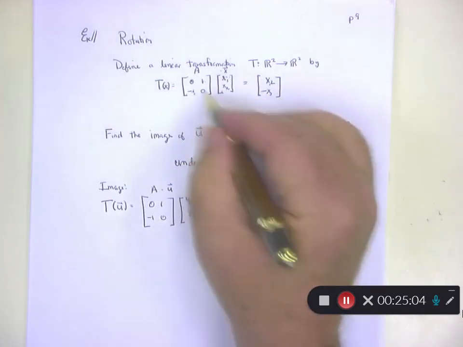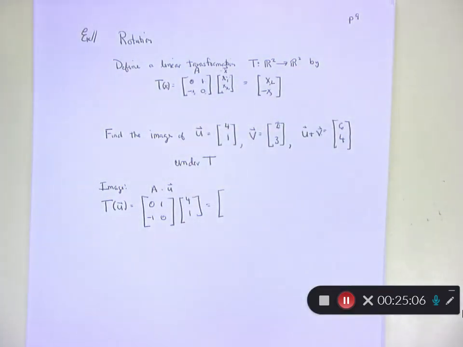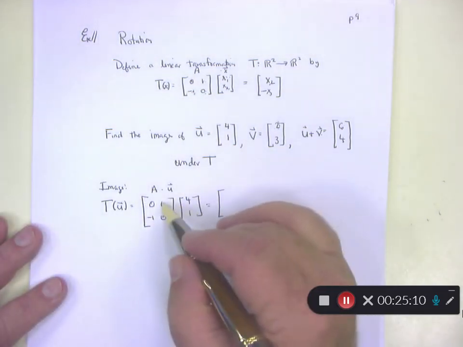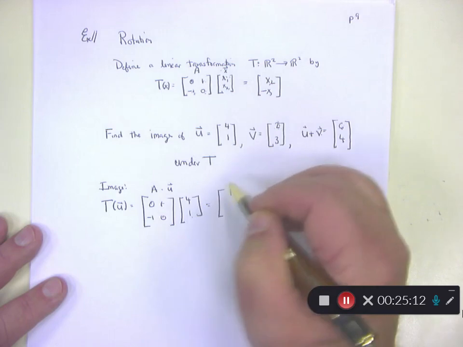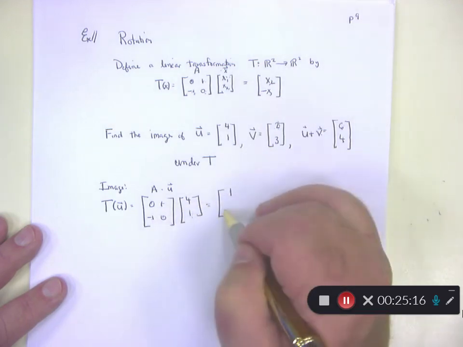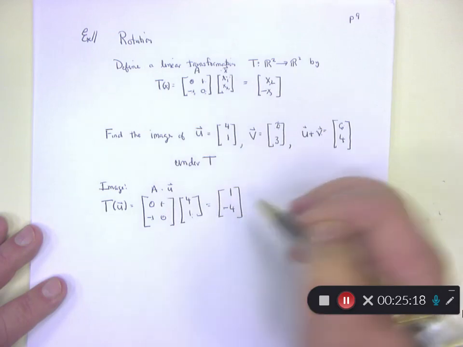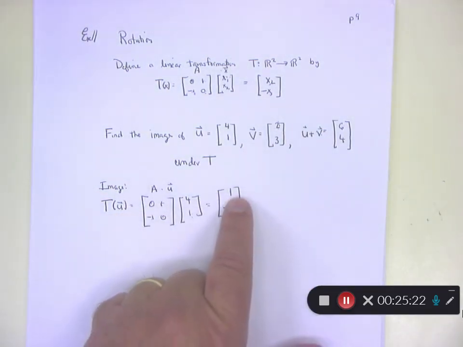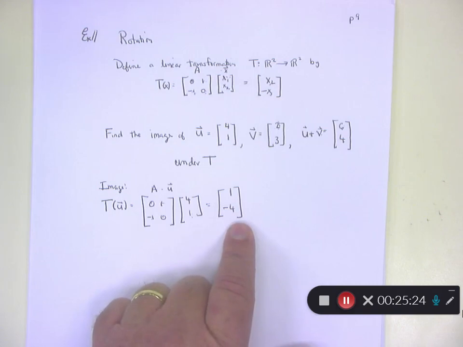Well, if you catch the pattern on what's going on, you can just write it out, but I can do matrix multiplication. Row times column. 0 times 4 plus 1 times 1 is 1. And negative 1 times 4 plus 0 times 1 is negative 4. So, the image of T of u is 1, negative 4.